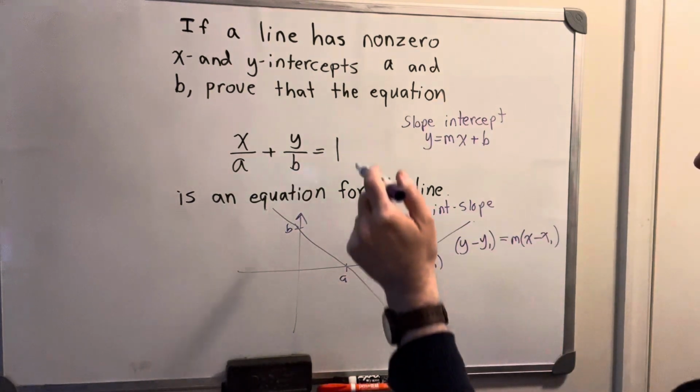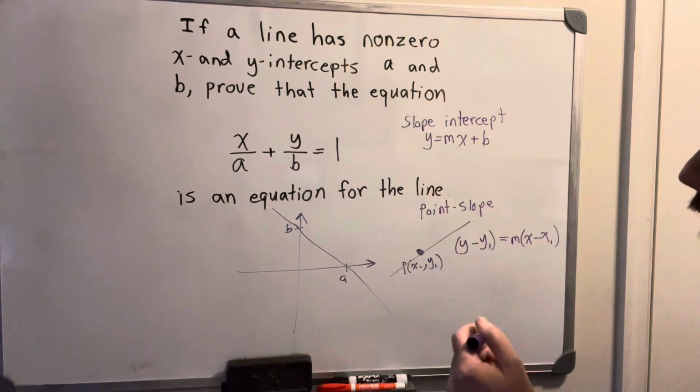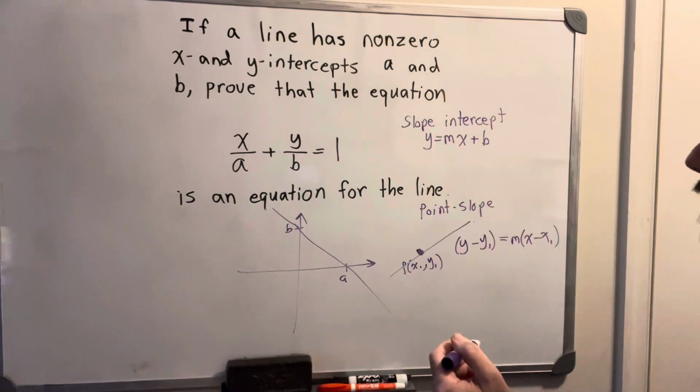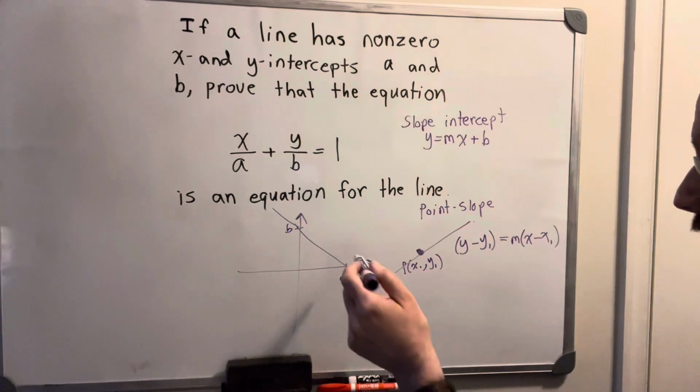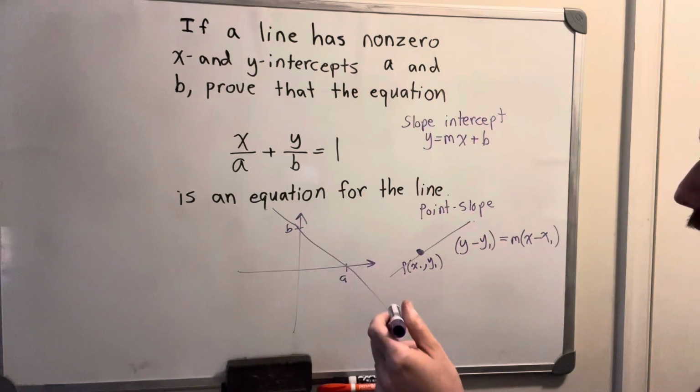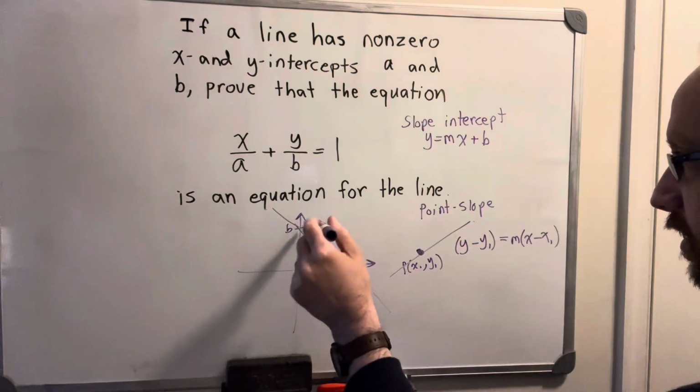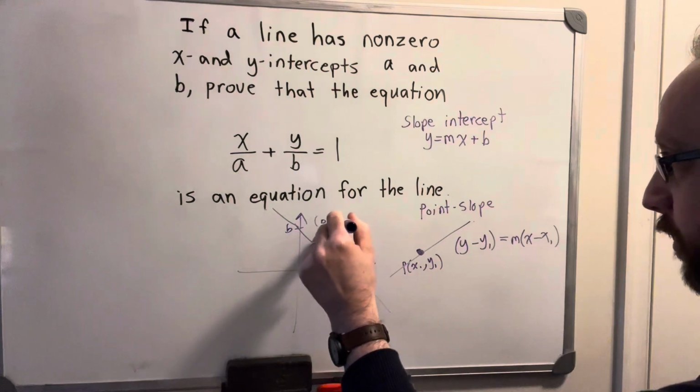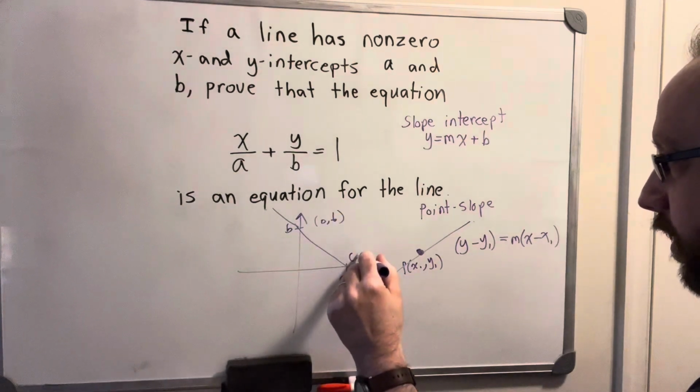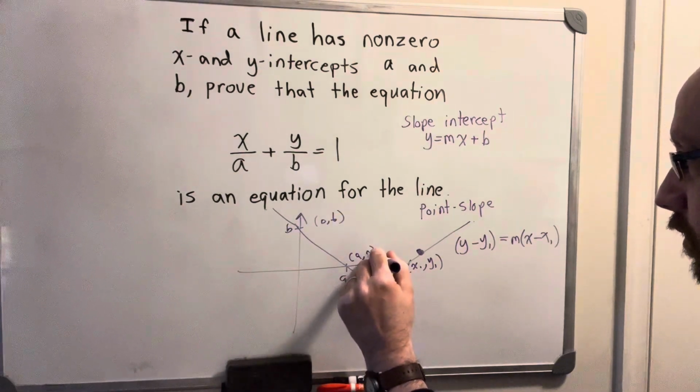Now, given this description, we have two intercepts. Do we have any particular points? Well, you could say that this is point (0, b) and this is point (a, 0).